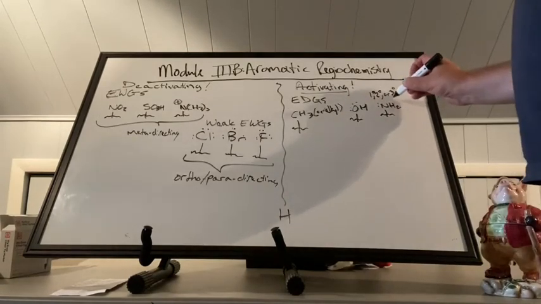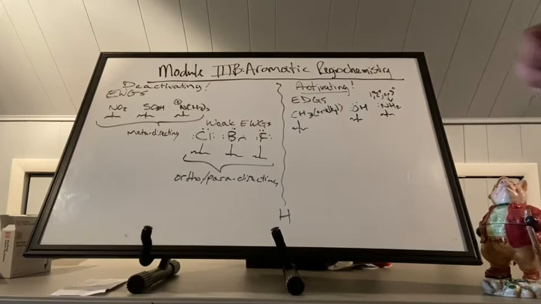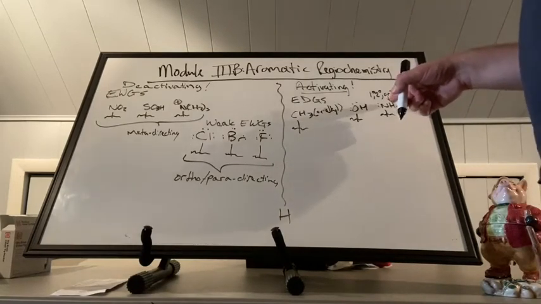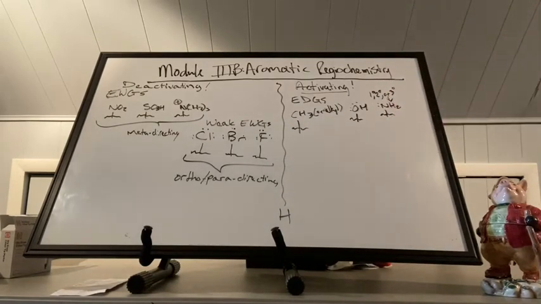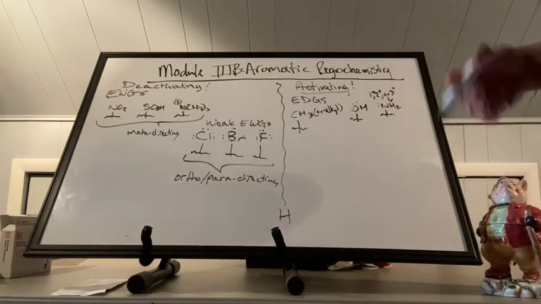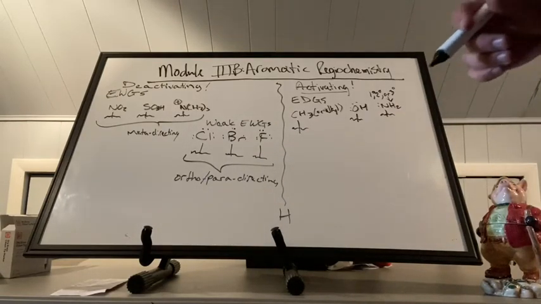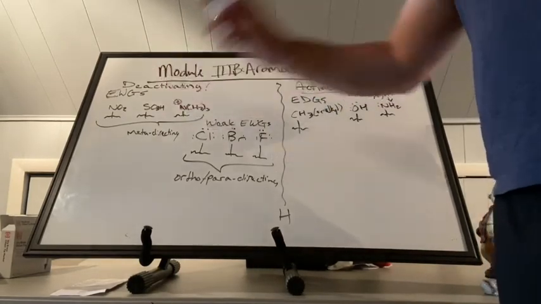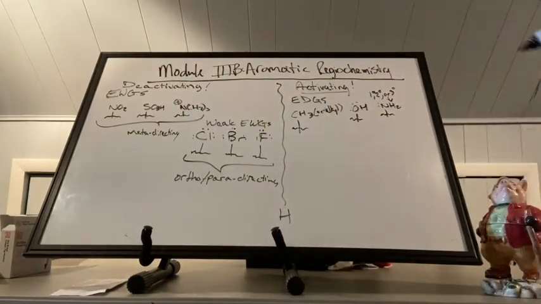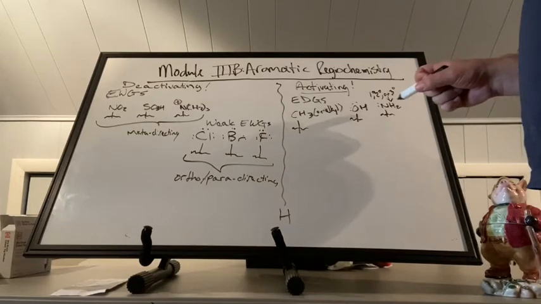So if there are two methyl groups attached to that nitrogen on the other side of the ring, that's still going to be activating. But when you get into the quaternary stage, that's when everything's deactivating.